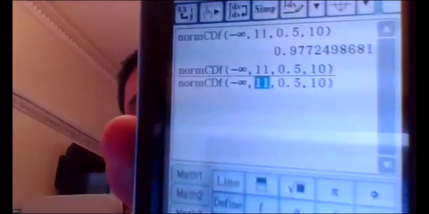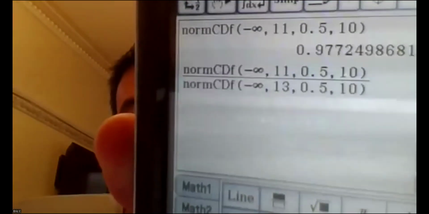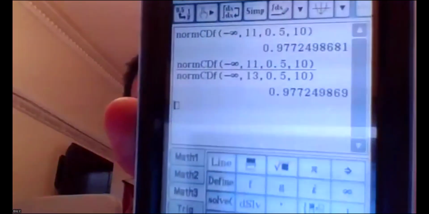So we can copy and paste it at the numerator, and on the denominator, we just need to change the parameter. Just change the second parameter to 13. The numerator is the answer from before, and the denominator is from negative infinity to 13. Then just go enter, and that's the answer for part B.